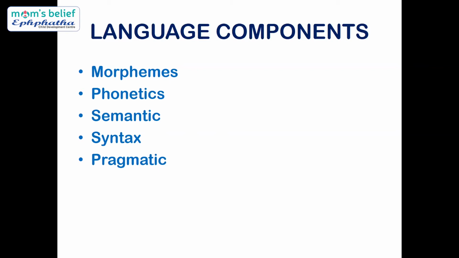Story narration is the next step for the child to learn conversation. And once narration takes place at the level of syntax, whatever language we have learned is used for pragmatics, that means the social use of language.